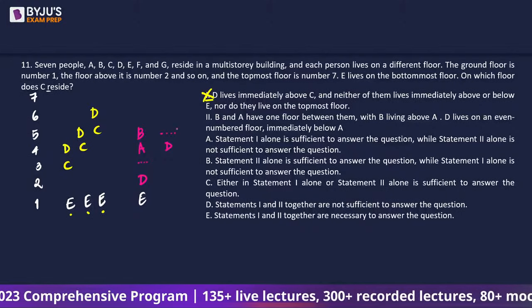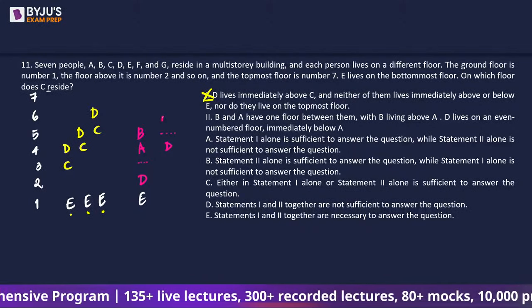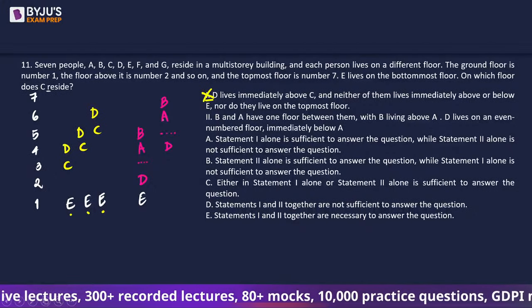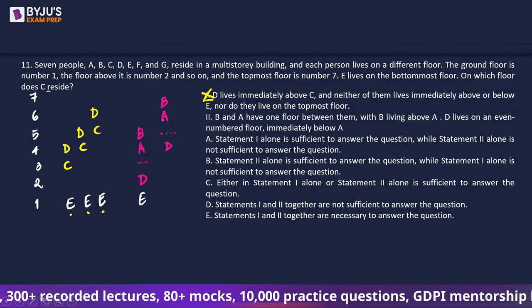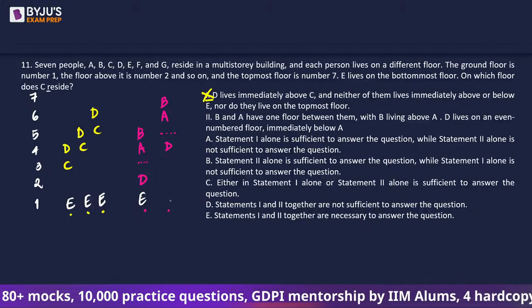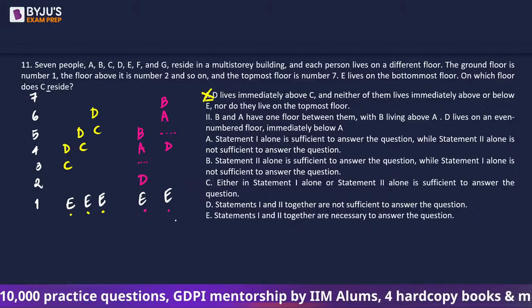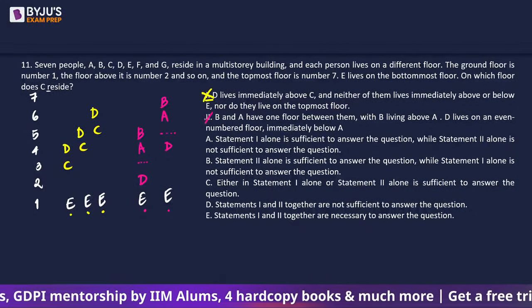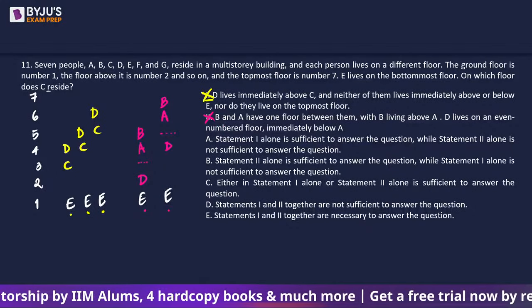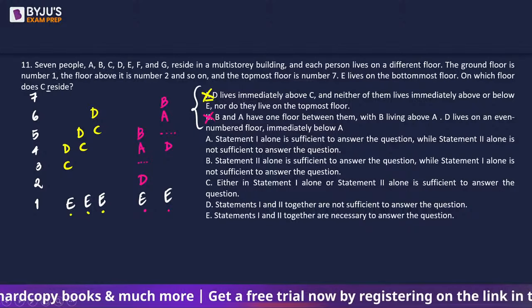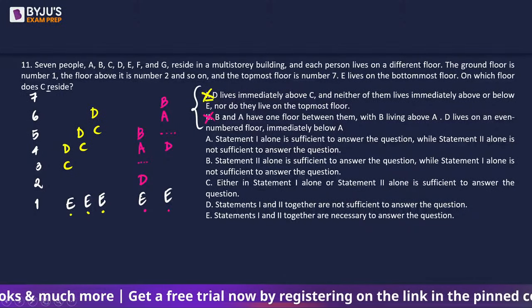We can have A at 5th, then blank at 6th, and then we can have B at 7th. So this is going to give us 2 possibilities. Now, where does C live in this case? We don't know. That means we'll have to go ahead and combine them.